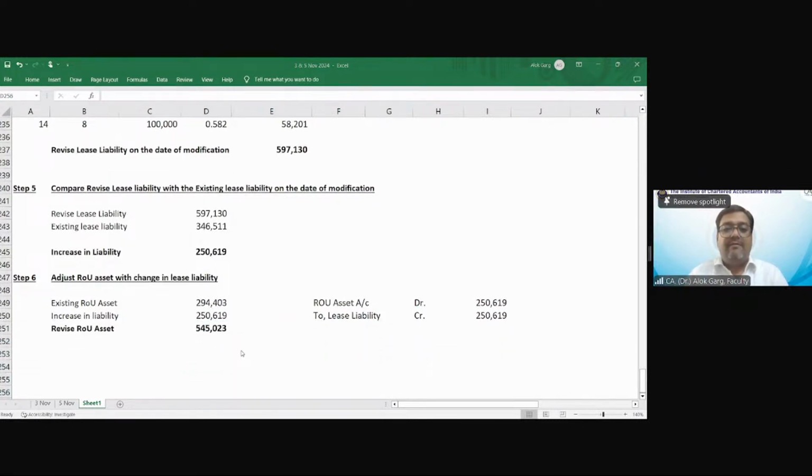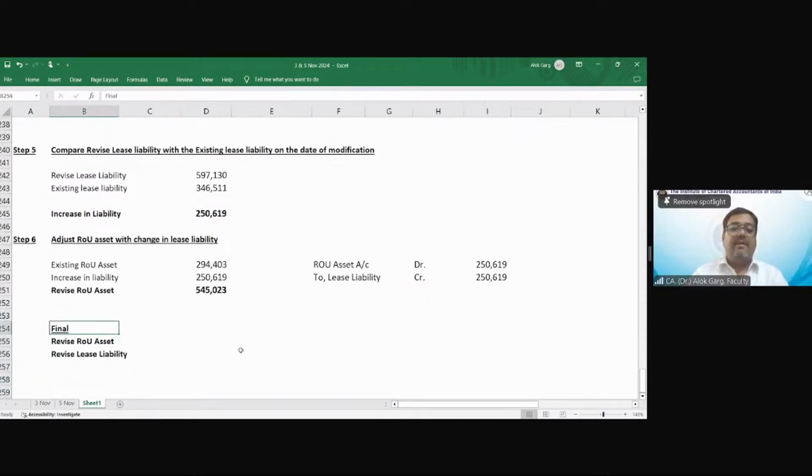Finally, what is my revised ROU asset and revised lease liability at the end of the 6th year, that is, the modification date? What is my revised ROU asset? 545.